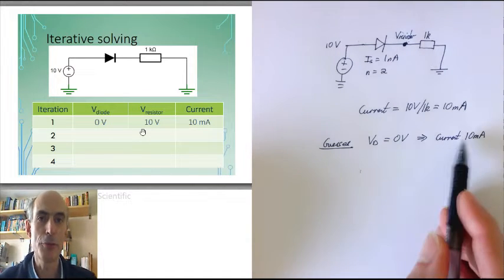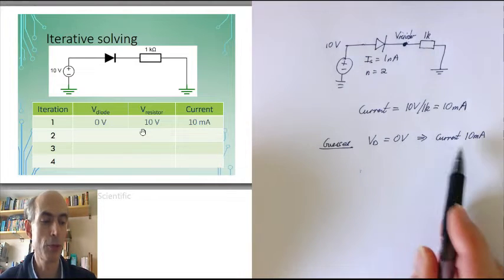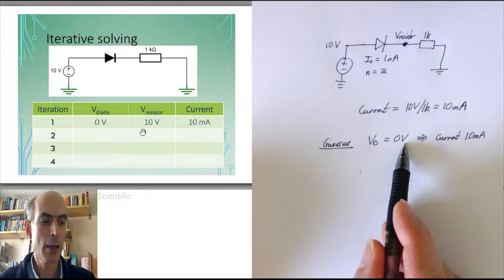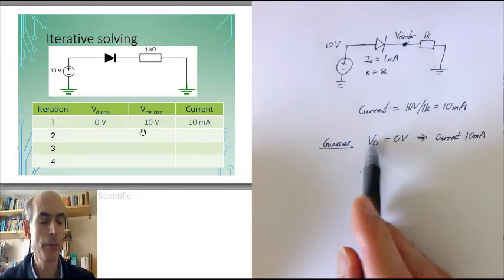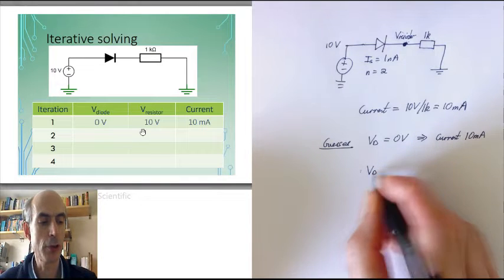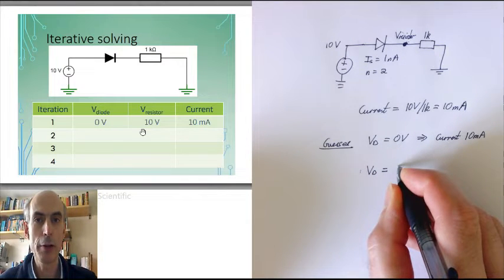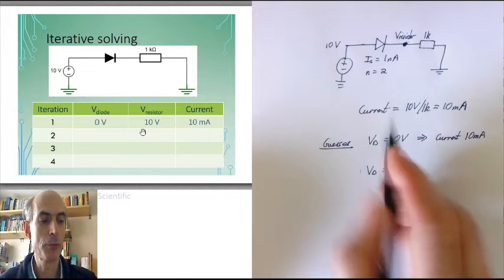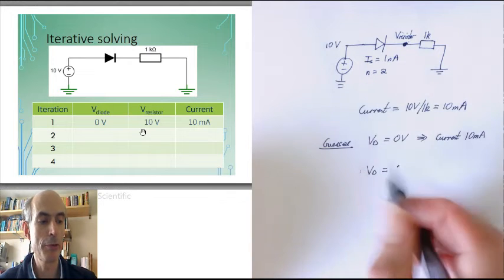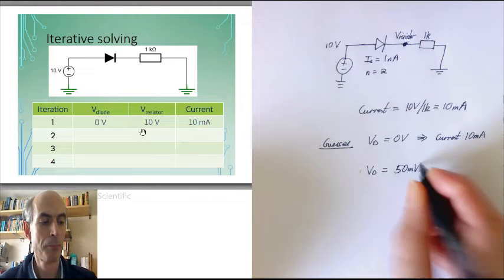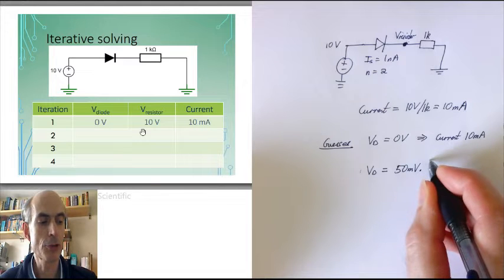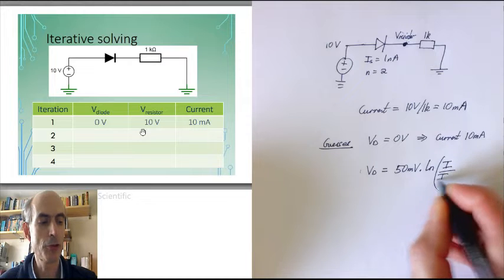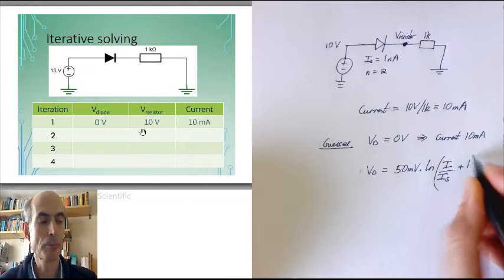Now, we compare that result to what the Shockley equation would predict for my guess, the voltage across the diode. I can rewrite the Shockley equation in the form: the voltage across the diode is 25 millivolts times the ideality factor, and 25 millivolts times, in this case, 2 would give me 50 millivolts, times the natural logarithm of the current through the diode divided by the saturation current plus 1.